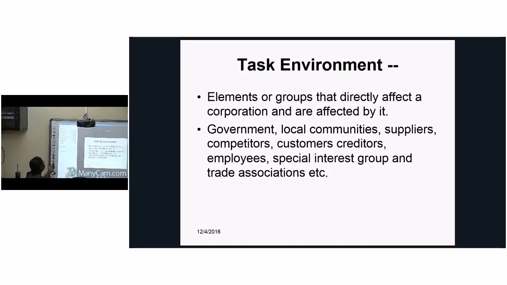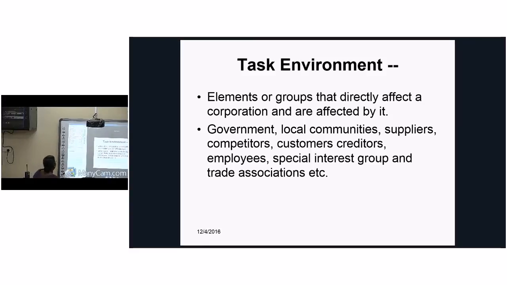The company is affected by the task environment and the company affects the task environment, the effect works two ways. The company affects the environment, the environment affects the company, right?